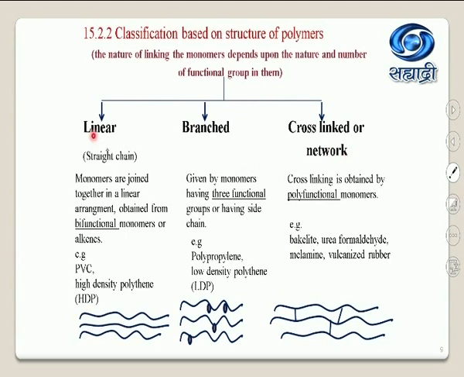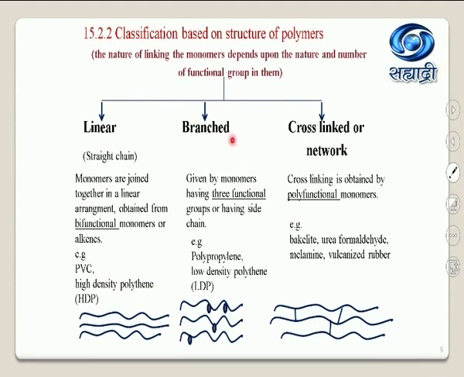So let us see first what is linear polymer. These are straight chain polymers. Monomers are joined together in a linear arrangement, and these are obtained from bifunctional monomers or alkenes. For example, PVC, that is polyvinyl chloride, and high density polythene, that is HDPE, are linear polymers.